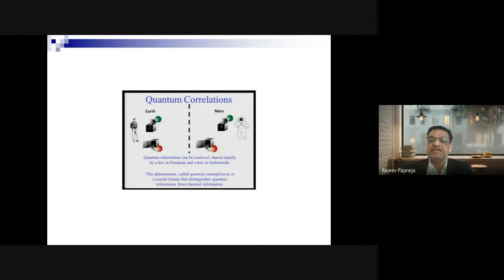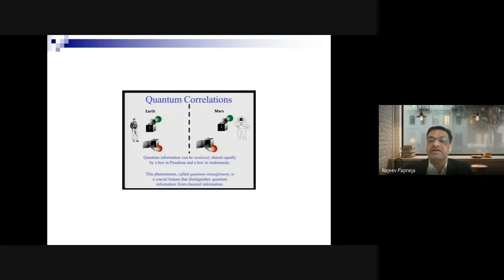It's entirely stored in the correlations between these 2 distant boxes, separated through the galaxy, and that property of quantum information, that it can be stored non-locally and still be locally inaccessible, that's what we call quantum entanglement. And it's really an essential way in which quantum information is different from classical information.